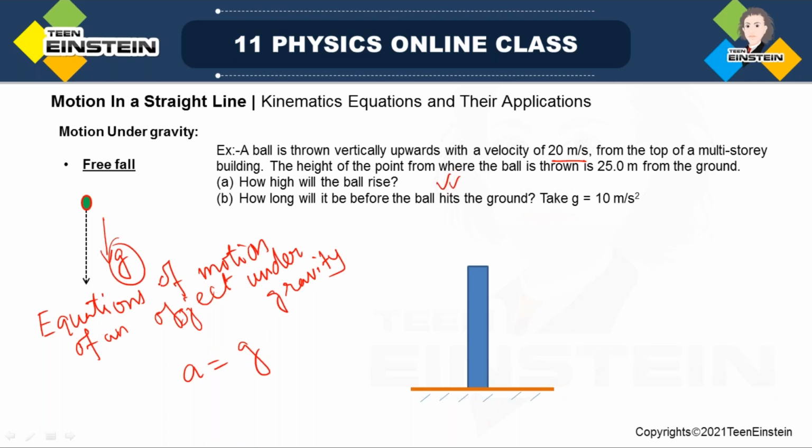If the object is moving downward with certain acceleration a, then the acceleration of this object will be added up with this g. If it is moving towards the ground, both accelerations are in the same direction.